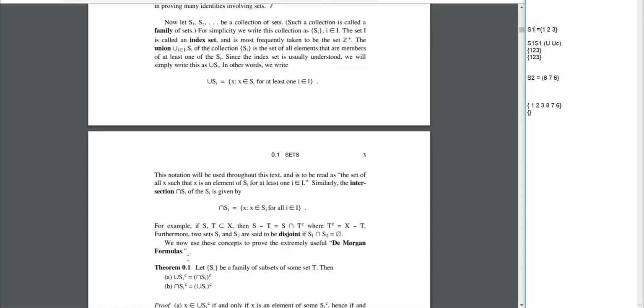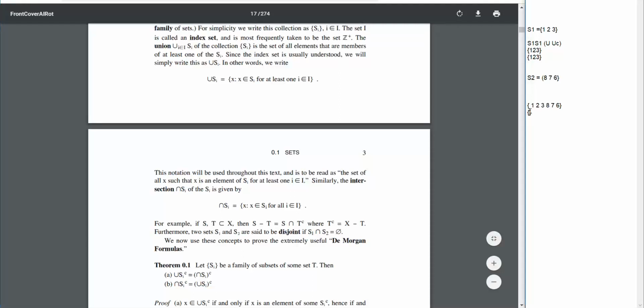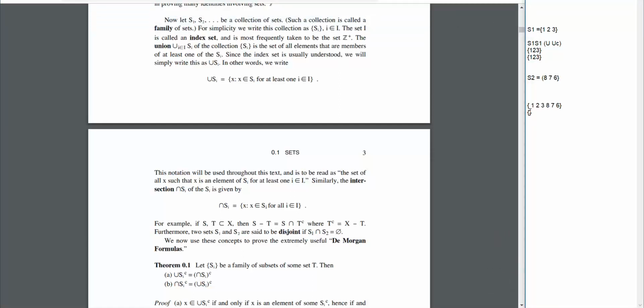For example, if S and T are subsets of X, then S minus T would yield S intersection with T complement, where T complement equals X minus T. Two sets S1 and S2 are said to be disjoint if the intersection of S1 and S2 is an empty set, which is what we have seen, assuming there are no common elements.